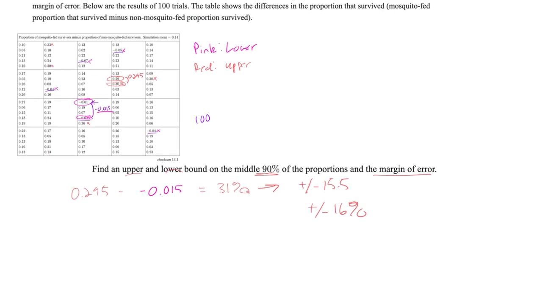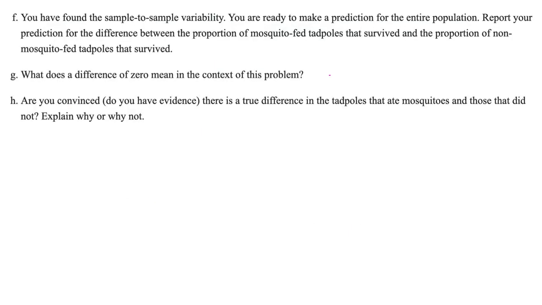So let's take a look at our next problem here, problem F. So we found that sample to sample variability there, and we are ready to make a prediction for the entire population here. So we know that the original was 0.14, and that we found that margin of error to be plus or minus 16% there.